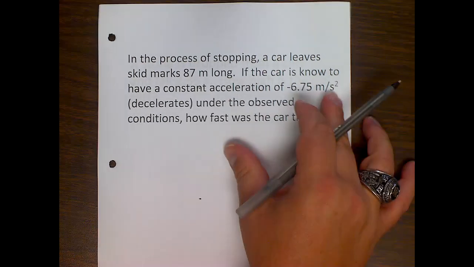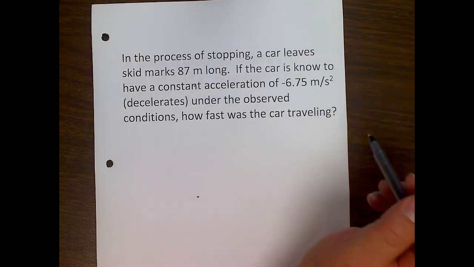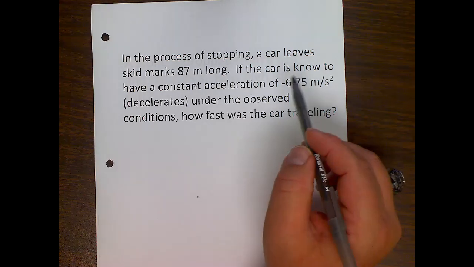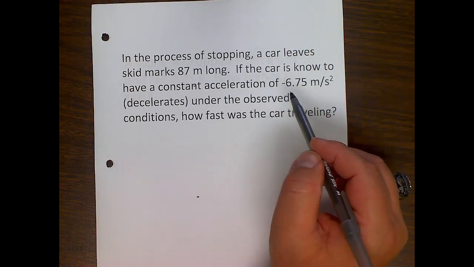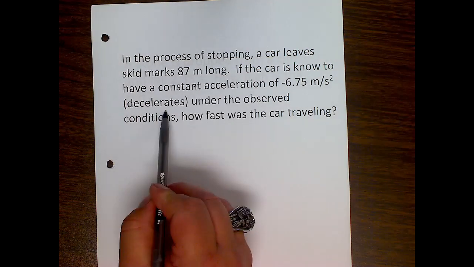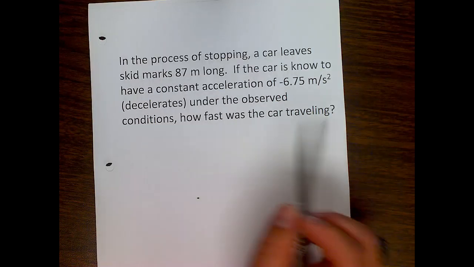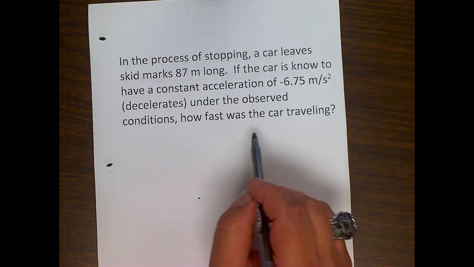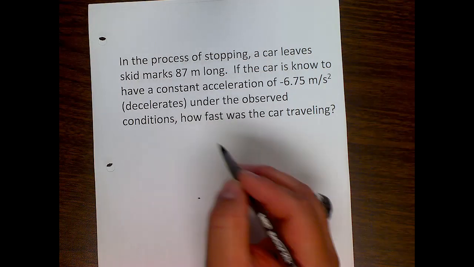In the process of stopping, a car leaves skid marks 87 meters long. The car is known to have a constant acceleration of negative 6.75 meters per second squared, which is really what we'd commonly call a deceleration. How fast was the car traveling?